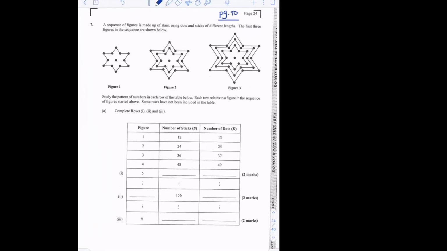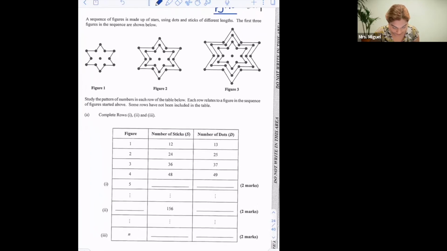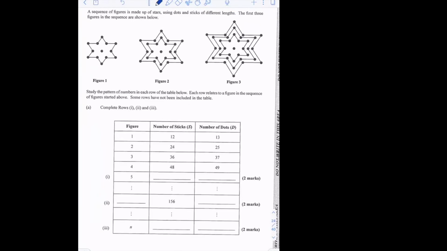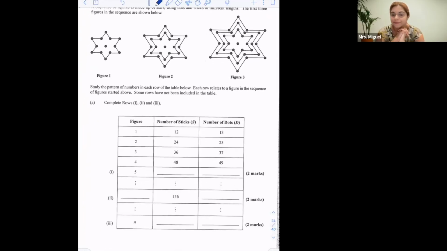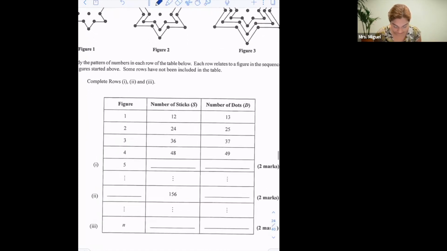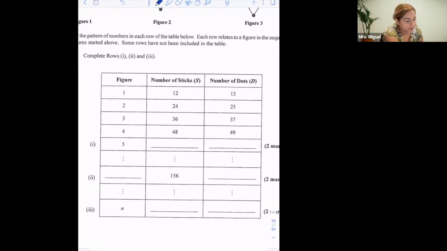Okay, miss. Do you all want to try it on your own? Yeah. All right, try it. Let's see what you come up with. So you don't have any fourth figure to draw, but you do have the table. For those of you who don't have it, you could use it on my screen. Can everyone see it?